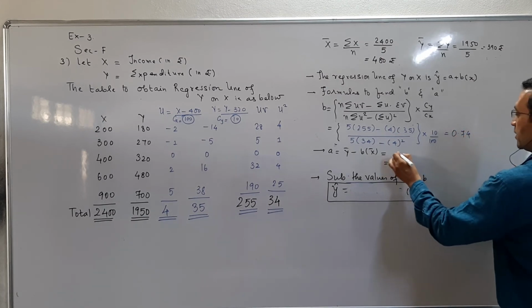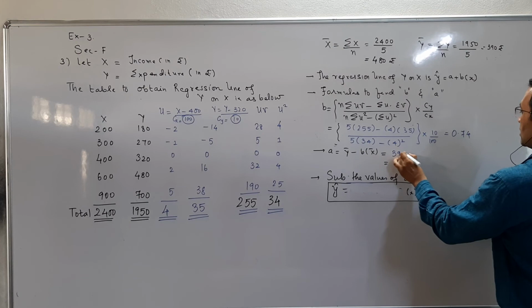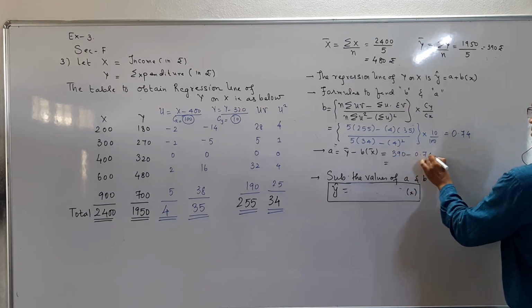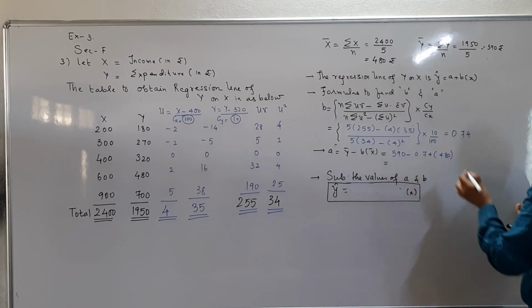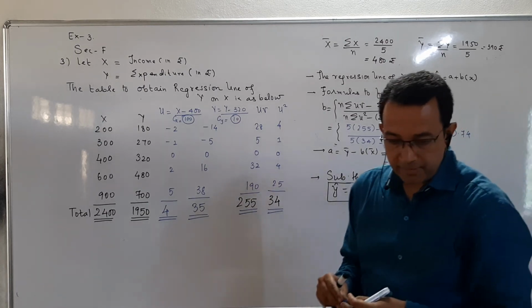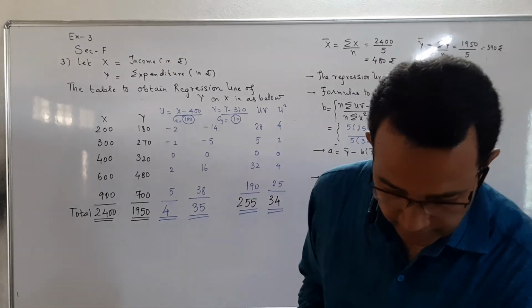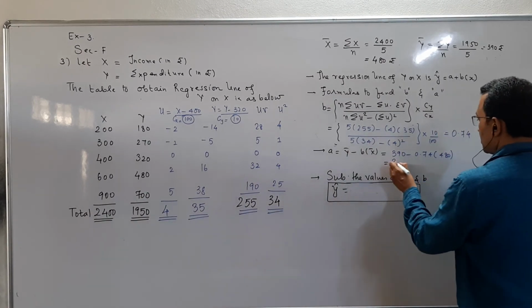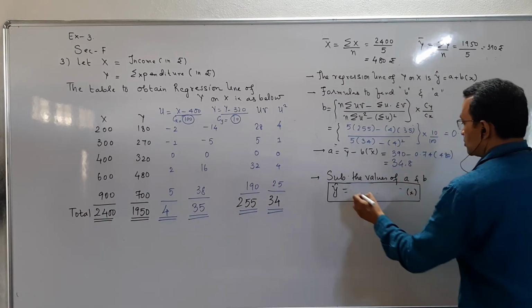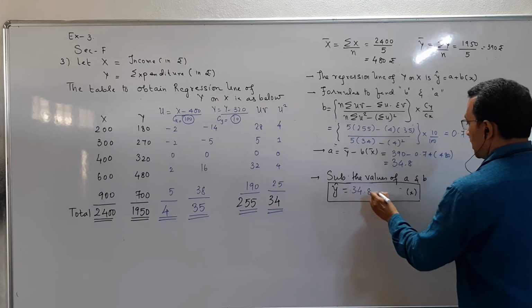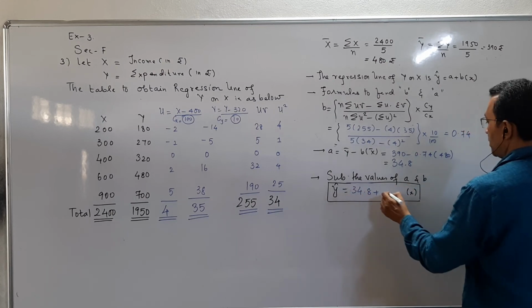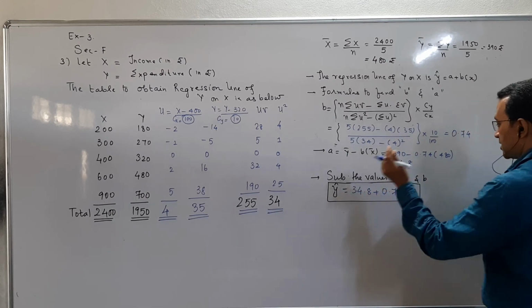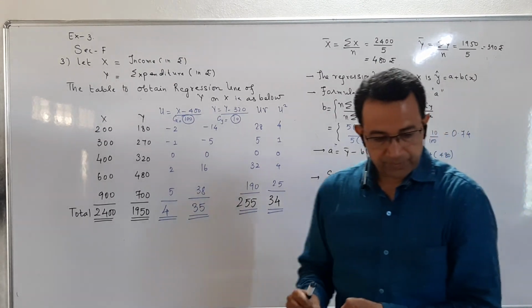So the value of a will be y bar minus b into x bar. Simplifying students, the value of a comes out to be 34.8. So substituting the values of a and b, the regression line is y equals 34.8 plus 0.74x.